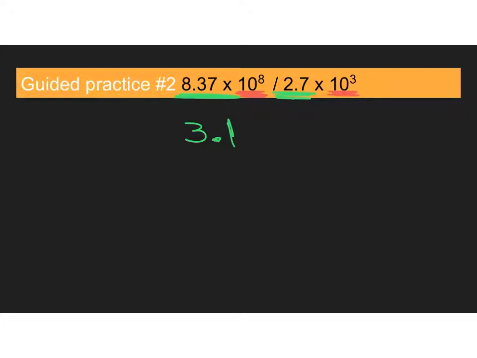Alright, so when you're dividing two numbers with the same base, hopefully you remember that you're going to subtract your exponents. So we're going to multiply our 3.1 times 10, which is our base, and then we'll subtract our exponent of 8 minus 3, which is 5.